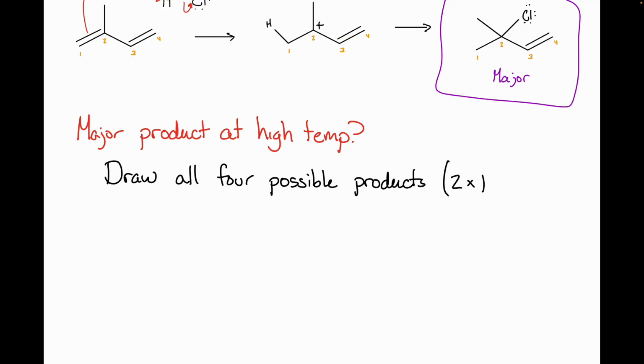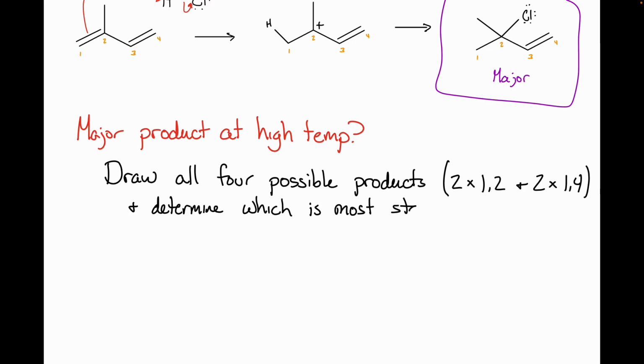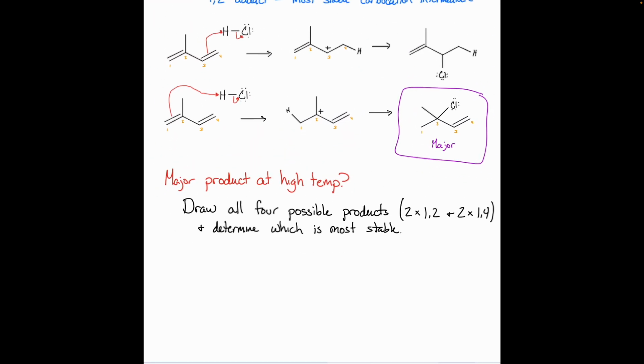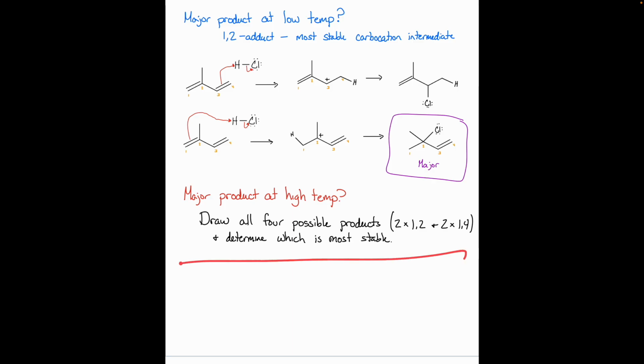Because we have 2 1,2 and 2 1,4 adducts. And determine which one is the most stable. All right, and by most stable, what is it that I'm looking for? More substituted double bond. Yep. Cool. All right, I'm going to have you all do that one at home. You're going to come in with those 4 products drawn, and we'll finish this up next time. We'll start next time with it.